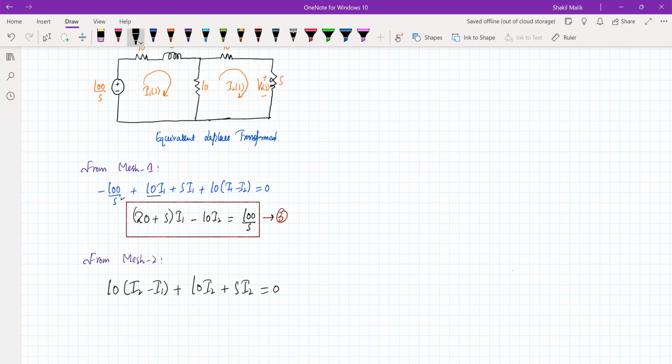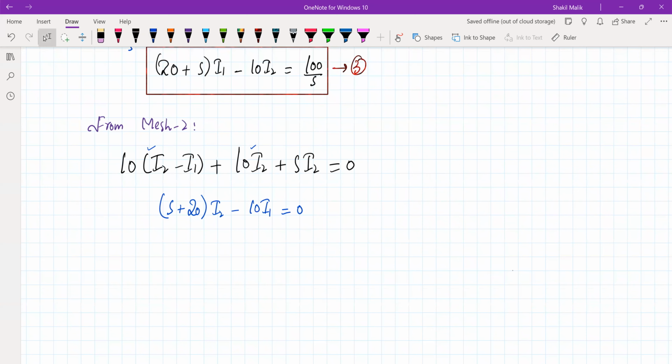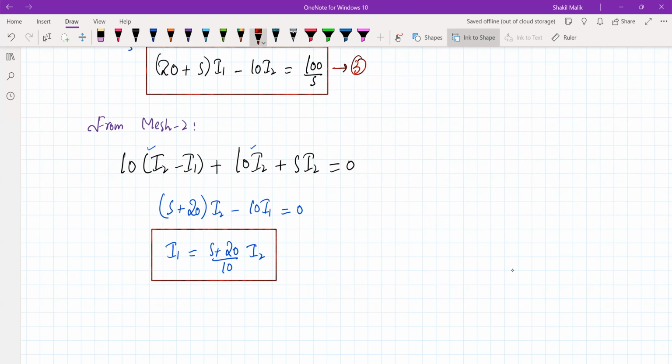Now, arranging the terms here, we'll get (s plus 20) I2 minus 10 I1 is equal to 0. Now, I1 from this will be simply equal to (s plus 20) divided by 10 times I2. So this is our expression 4, which relates I1 and I2.